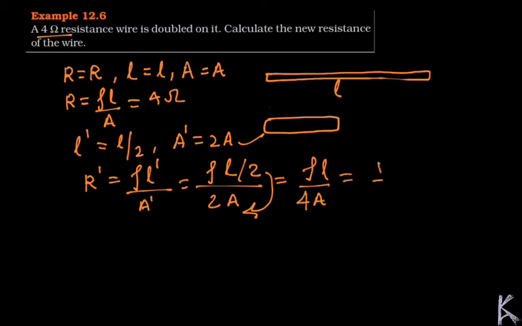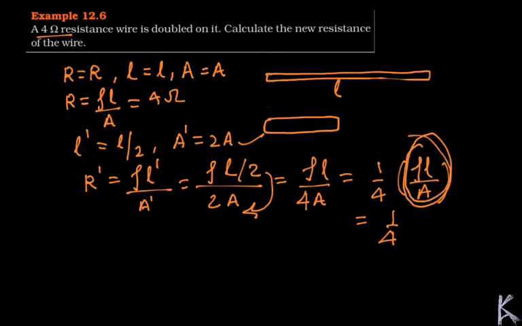This is 1 by 4 of rho L by A, and rho L by A is nothing but the resistance R. So R dash will be 1/4 of the resistance.